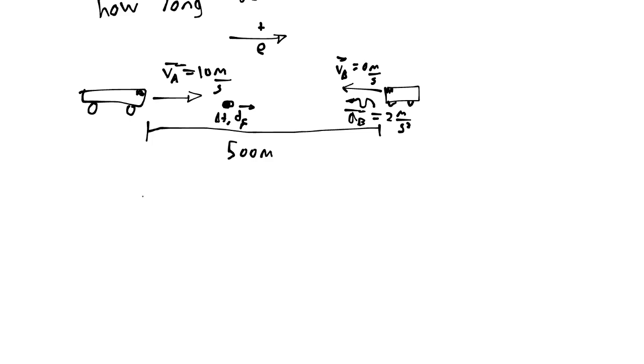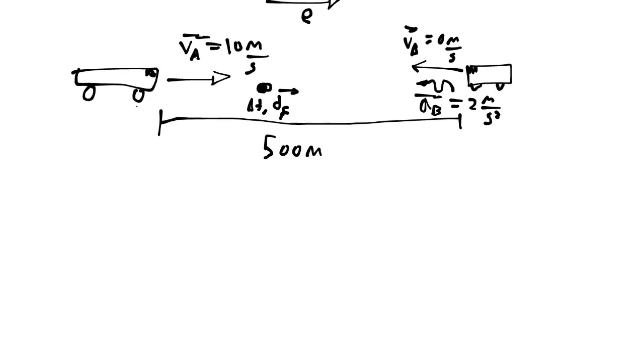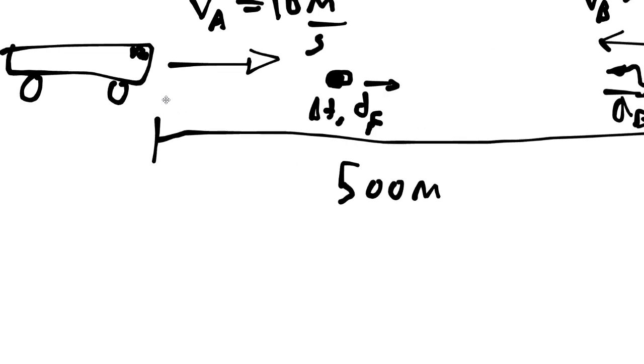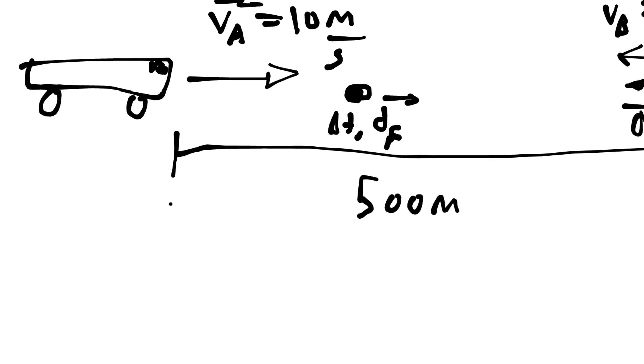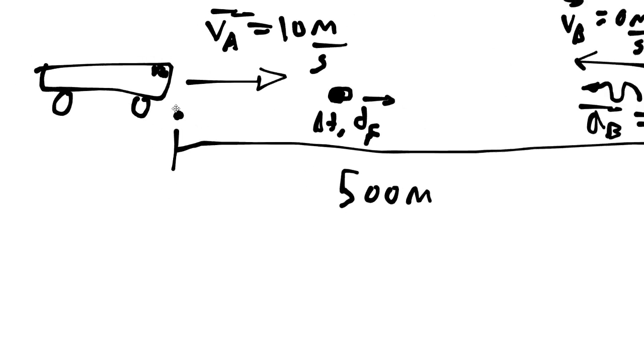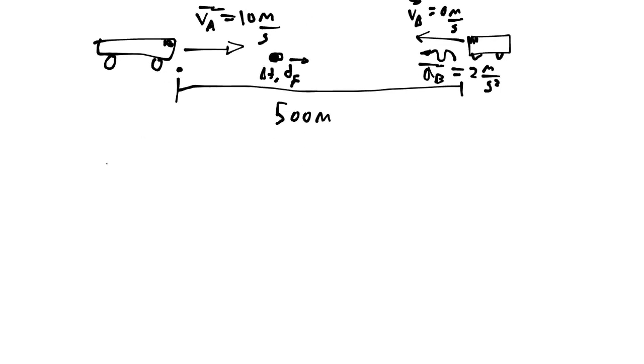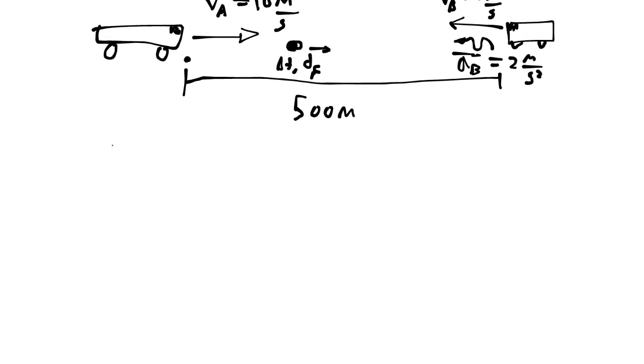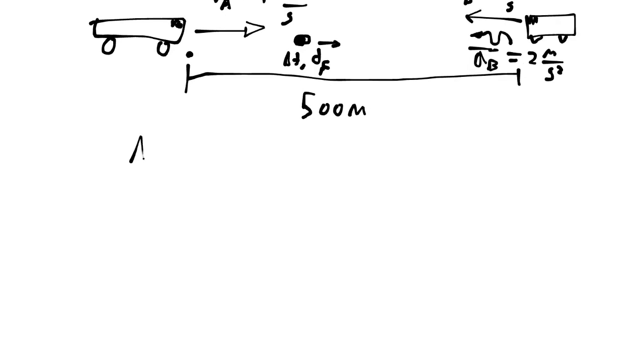So what you're going to do for that, let's do car A first. So car A's displacement, we'll set the origin to right where car A starts. So car A's displacement is going to be whatever d final is over here. So we're going to say displacement equals d final, right?